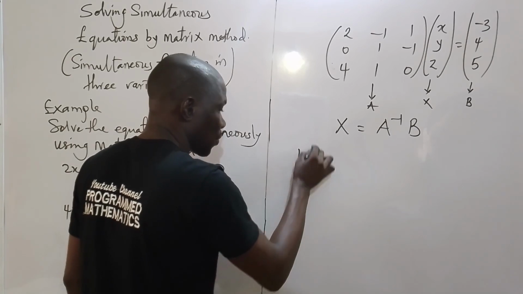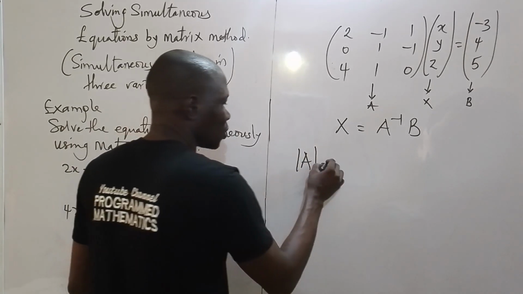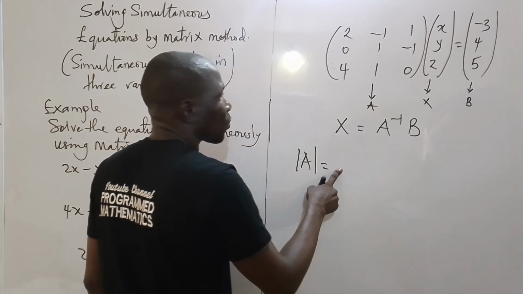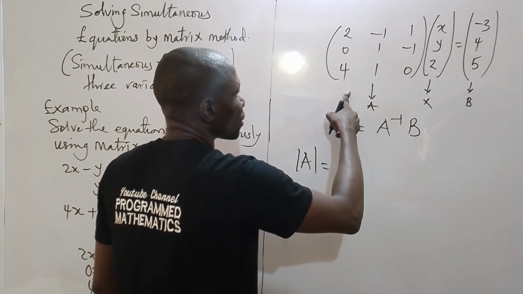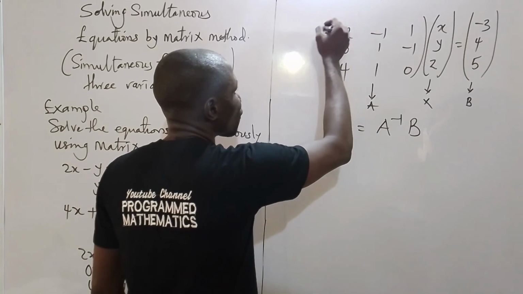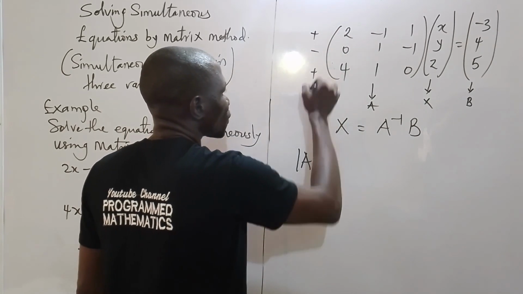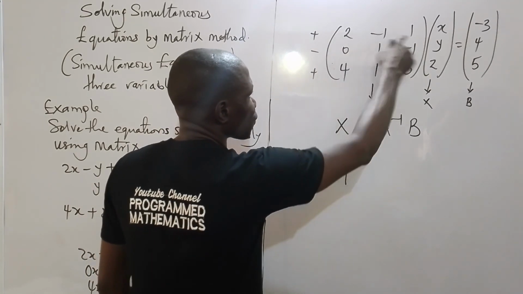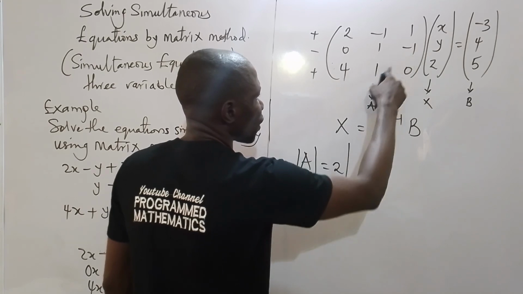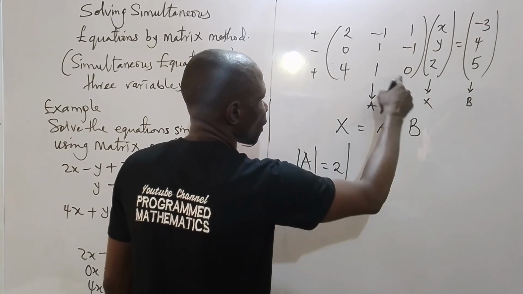So the determinant first of matrix A. If I'm going to follow the first column here, the sign convention for the first column is plus, minus, plus. So this is plus 2 times the leftover for 2: 1, minus 1, 1, 0.